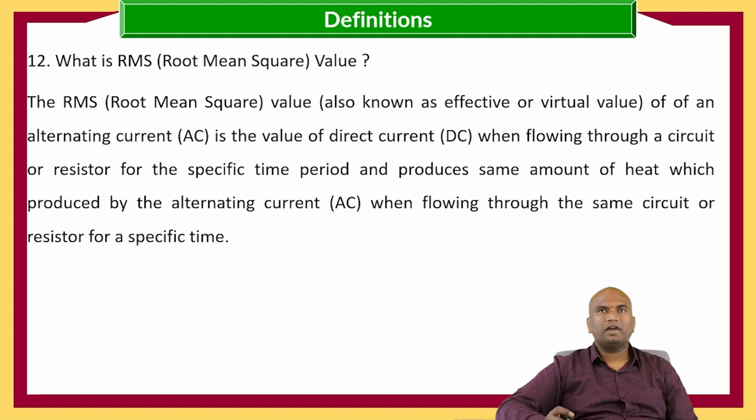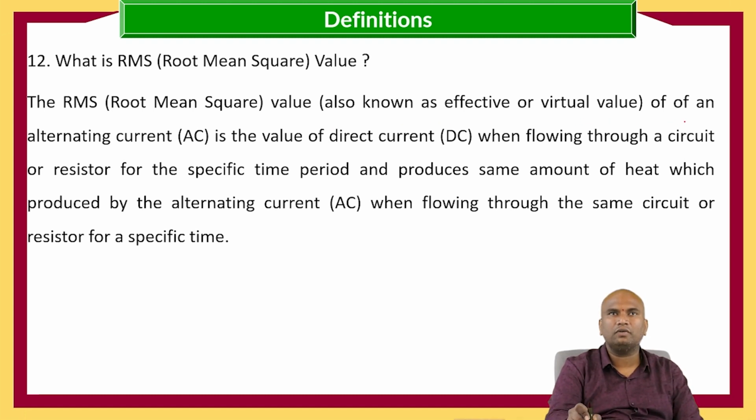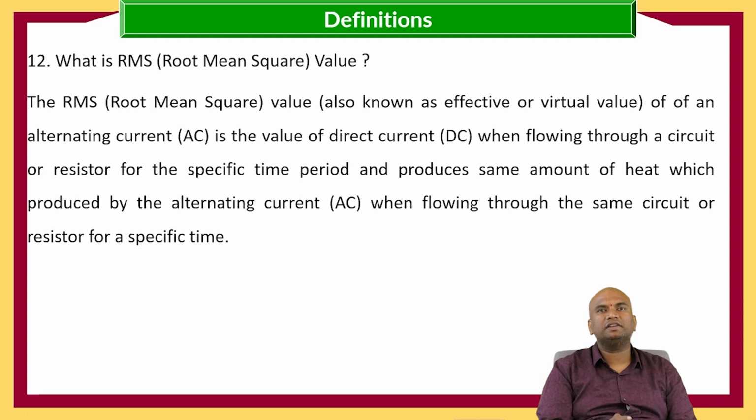What is root mean square value? The root mean square value is also known as the effective or virtual value of an alternating current. It is the value of DC current which, when flowing through a circuit or resistor for a specific time period, produces the same amount of heat as the alternating current flowing through the same circuit or resistor for the same time.